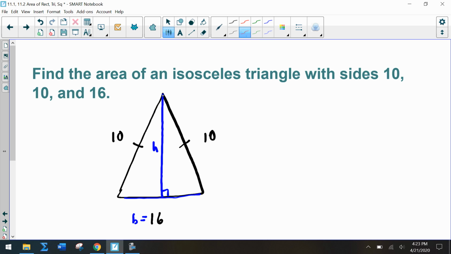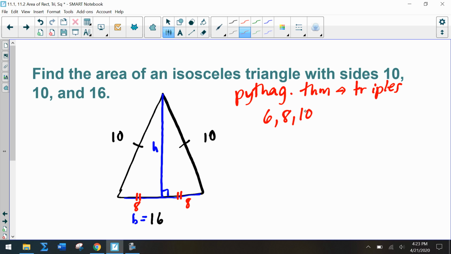So when we drop this altitude down, it also creates 2 congruent pieces. So each of these are 8 and 8. And now if we're thinking about this triangle, we have our height, 8 and 10. So if we think back to Pythagorean theorem and Pythagorean triples, this is a 6, 8, 10 right triangle.